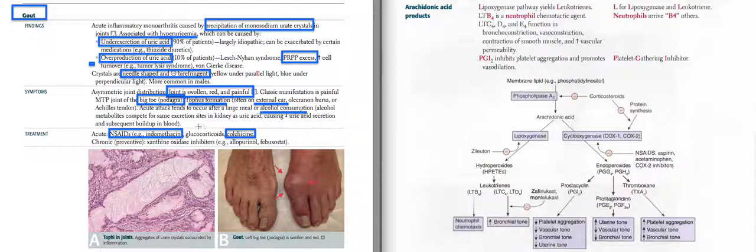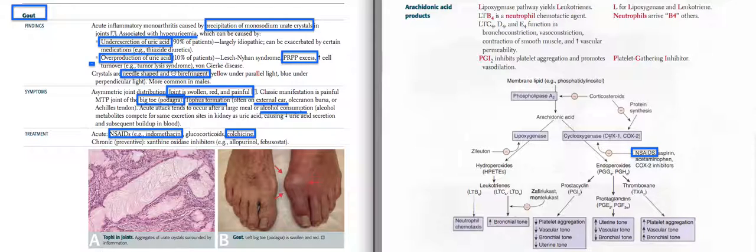All right, so they tell us, of course, here that NSAIDs are going to be adequate treatment here for gout, but they don't tell us why. So we encourage students, and of course the tutors will do this during the sessions, to go on and then think about why would NSAIDs help to decrease the symptomatology in a gouty attack. And we do see here on the arachidonic acid pathway that NSAIDs are listed here as cyclooxygenase inhibitors.